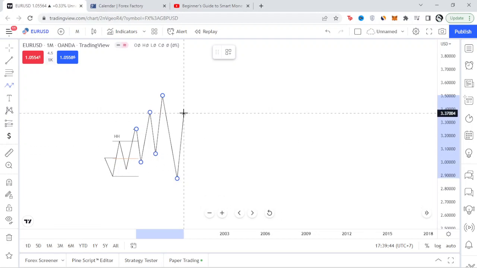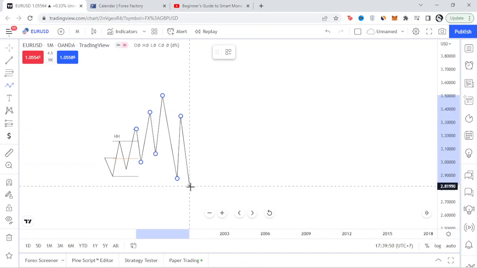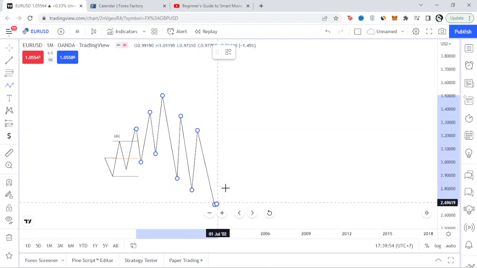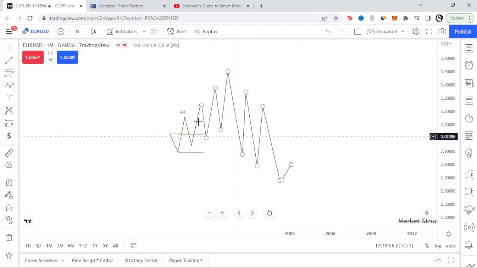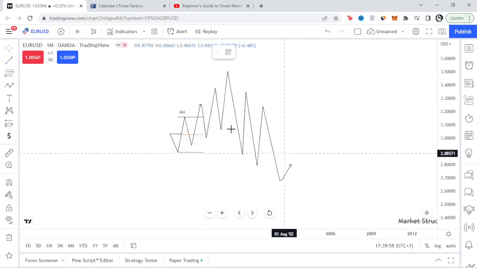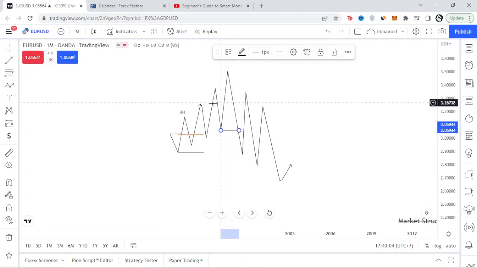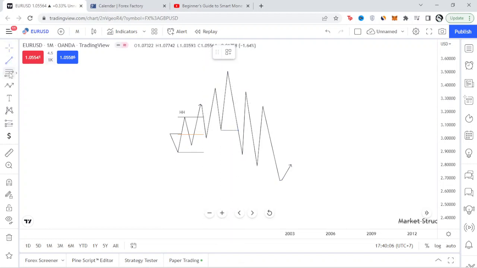Then from this kind of price behavior, we can start looking for sells to get involved, especially when this level has been broken. This will be our next liquidity point.